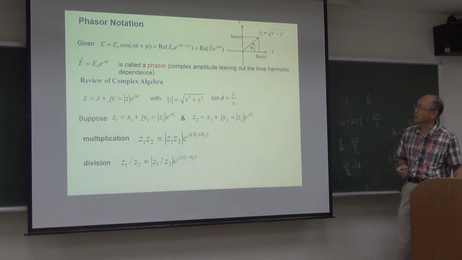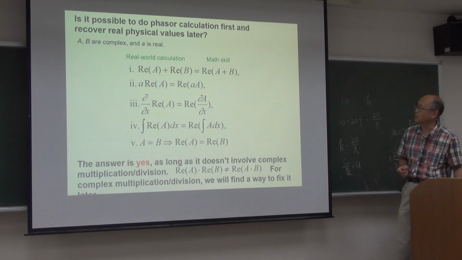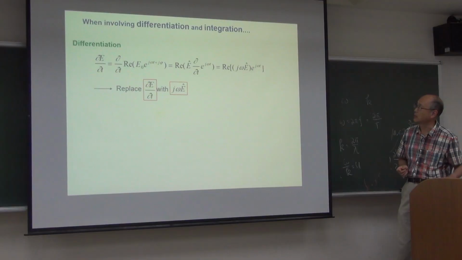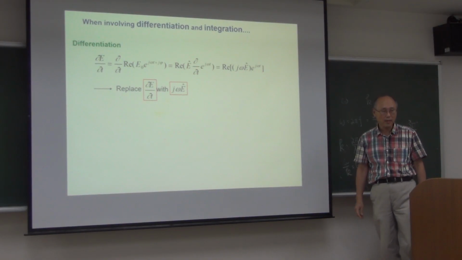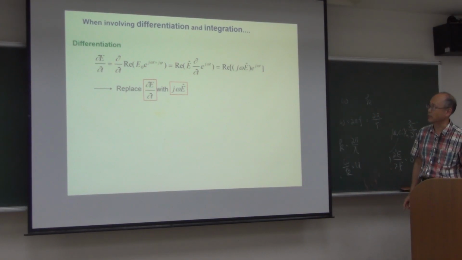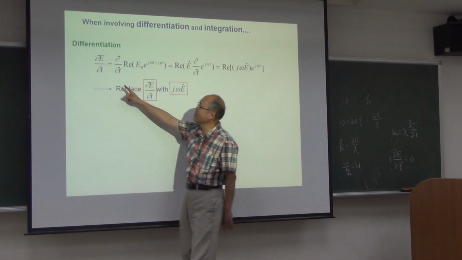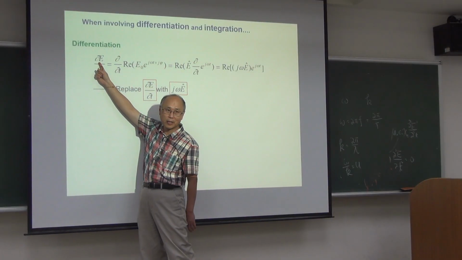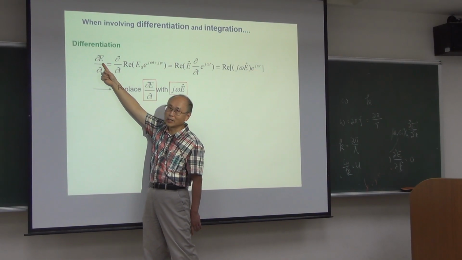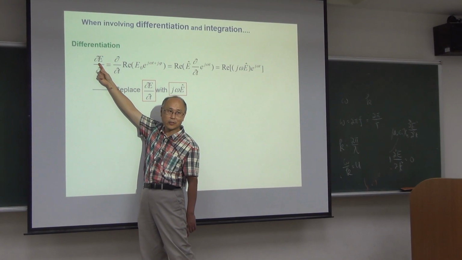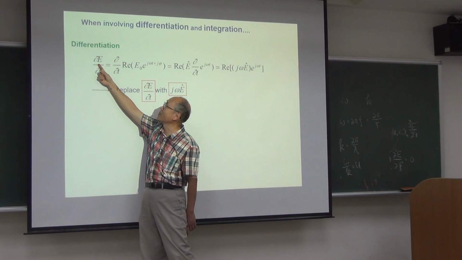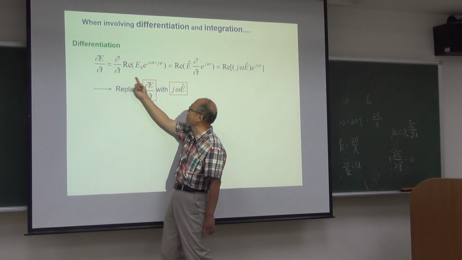The temporal part is understood, so you can put it into all sorts of calculations. For example, the differentiation of a real electric field in space, if this electric field is a harmonic function, I can do this.